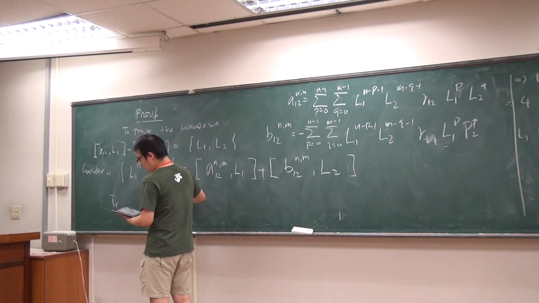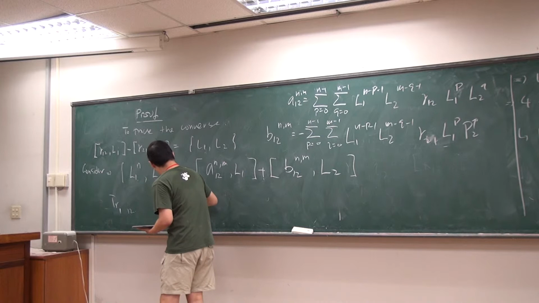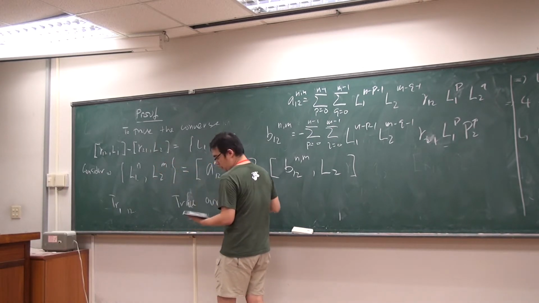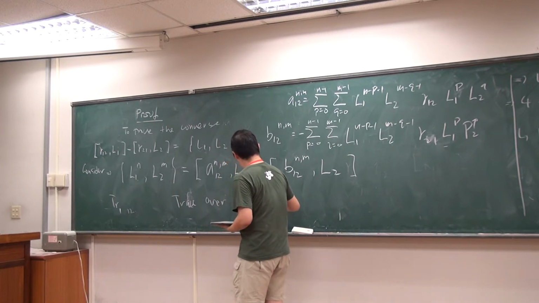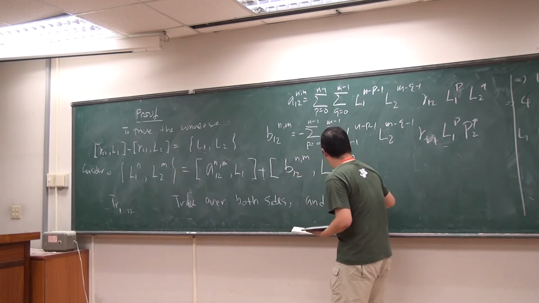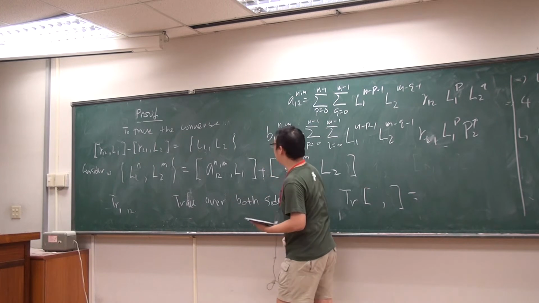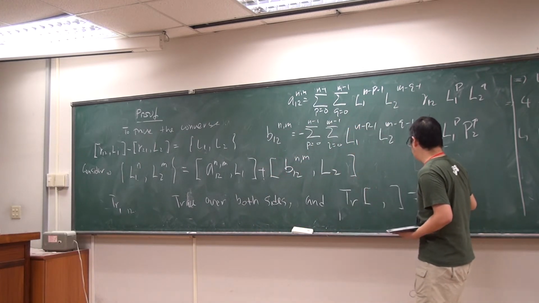So take a trace over both sides, and we know that the trace of those commutators, and whatever junk you have here, gives you 0 anyway.